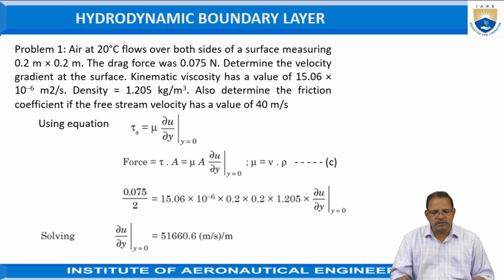The kinematic viscosity is 15.06 x 10^-6 meter square per second, and the density is 1.205 kg per meter cube. Also determine the friction coefficient if the free stream velocity is 40 meters per second.